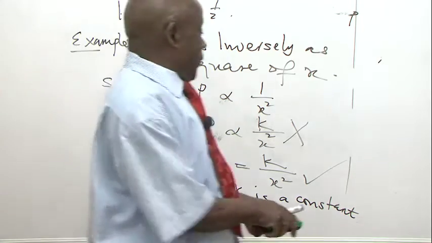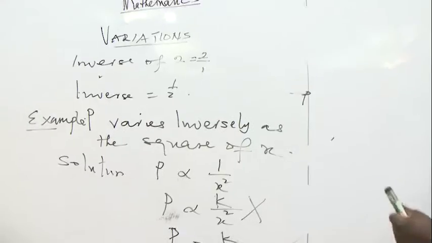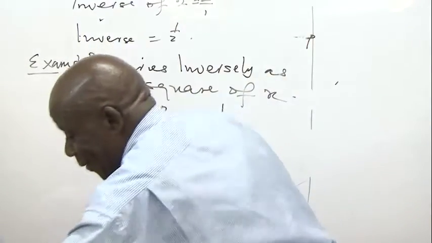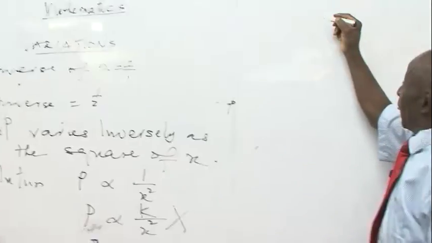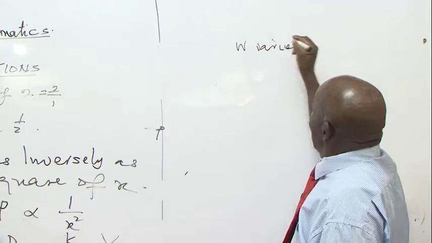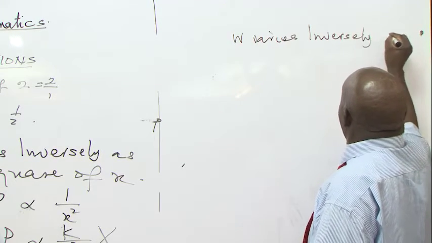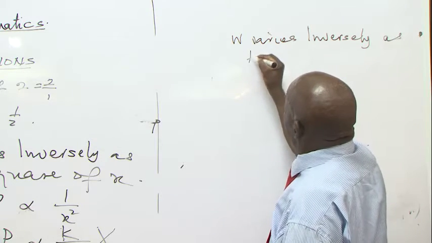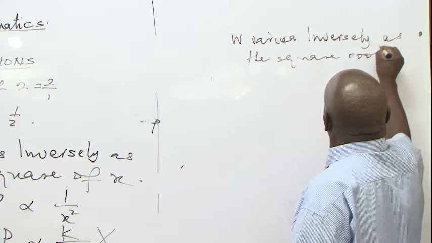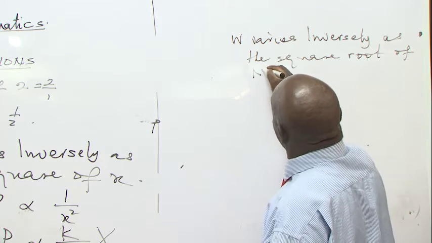Let's look at another one. You know, we are not to find the value of P. We are not to find the value of x and so on. But look at this. W varies inversely as the square root of n.